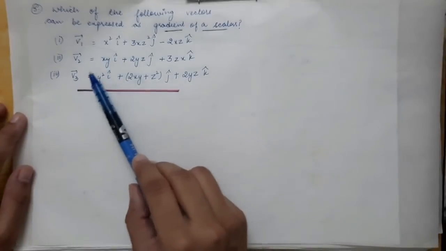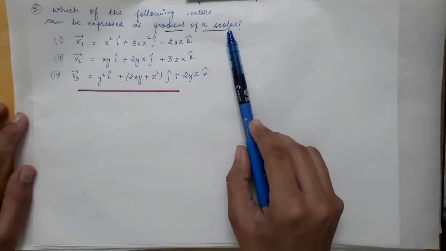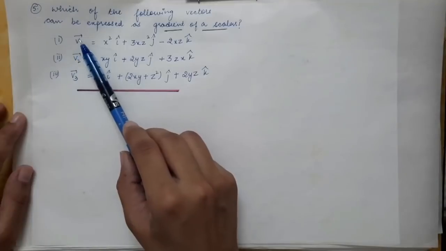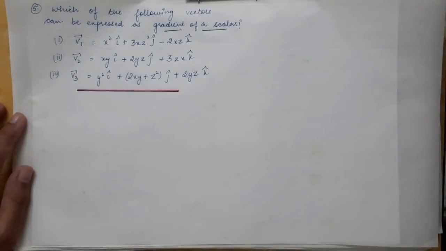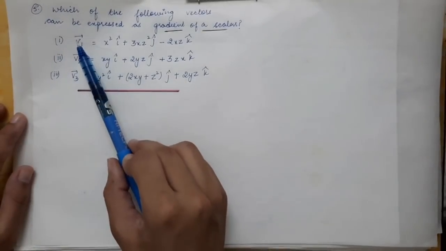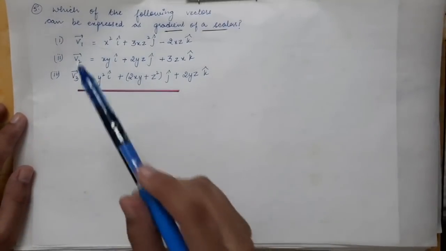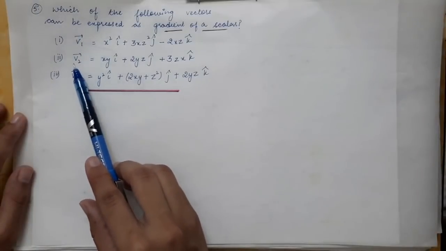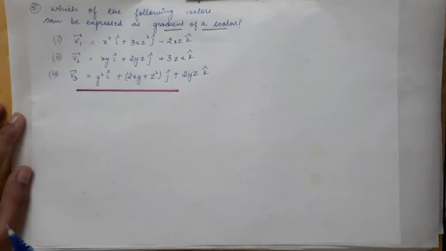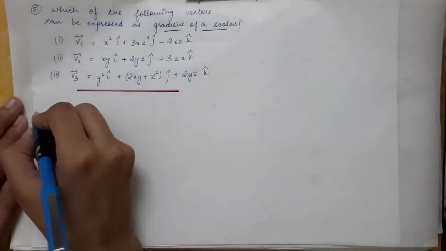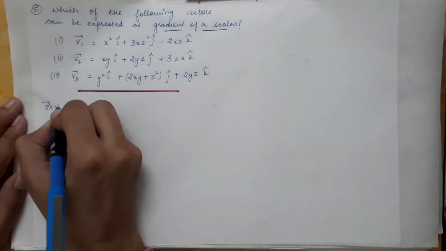So any vector can be written as a gradient of a scalar only if its curl is 0 at every point. So first of all, the main task is to find the curl of these vectors. That is, we have to find curl of v1, then curl of v2 vector, and then curl of v3 vector. So first of all, we will find curl of v1 vector.